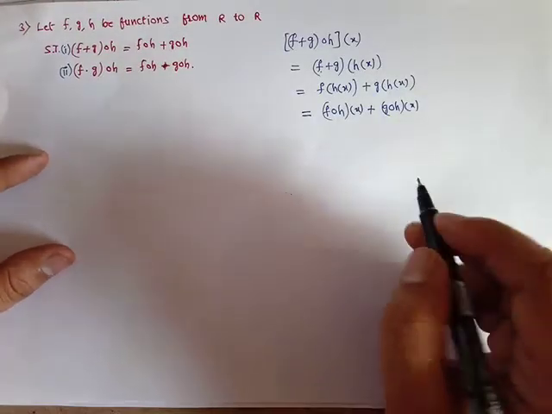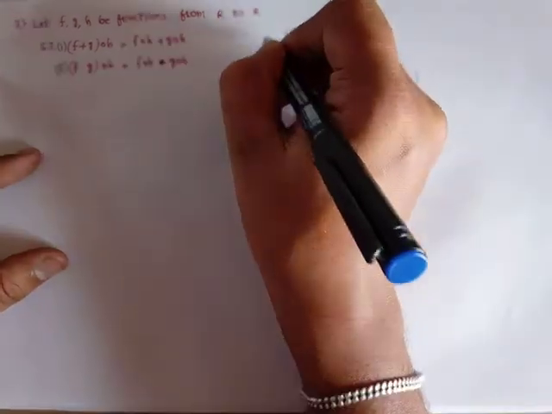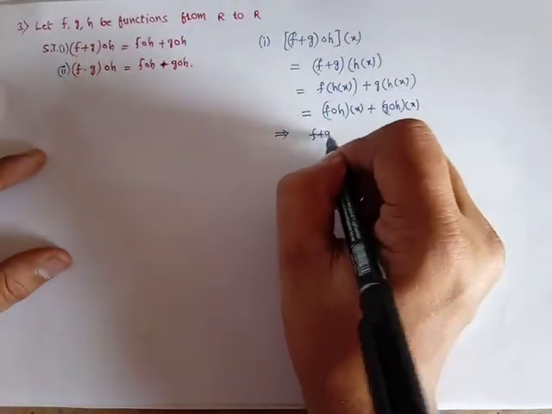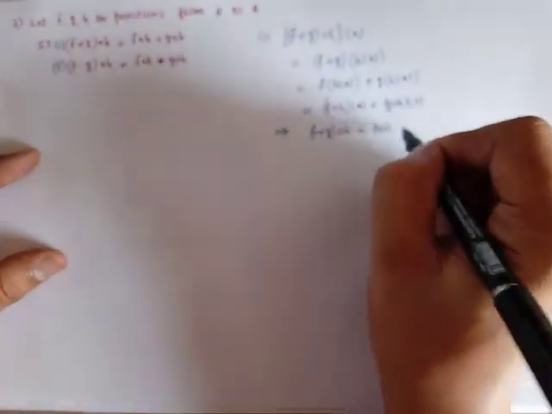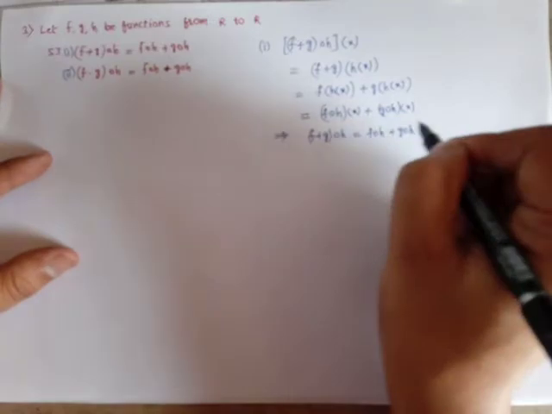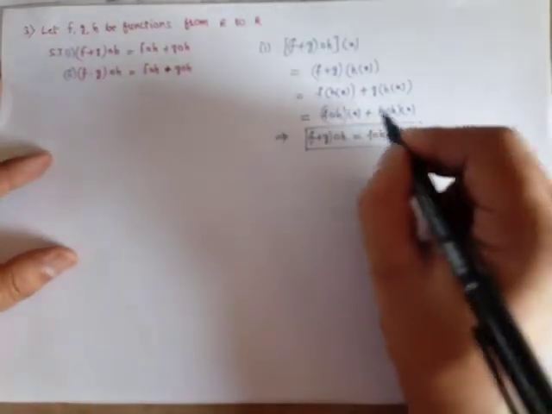So this is your given thing. So this implies (f plus g) circle h is equal to f circle h plus g circle h. I'm eliminating x from here.